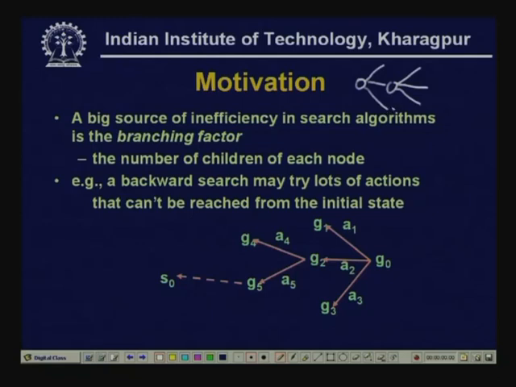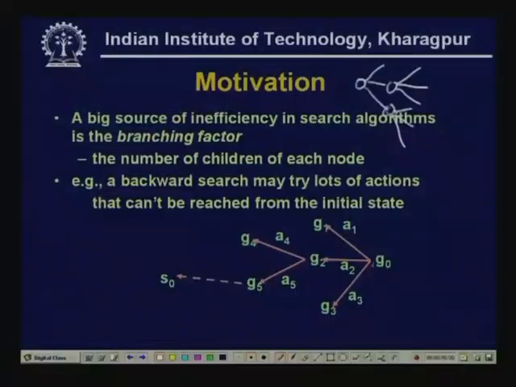If the branching was 1 at every node, then the algorithm would be a linear algorithm. But otherwise, if the average branching factor is b and the depth of a search tree is n, you know that b to the power n nodes have to be expanded.